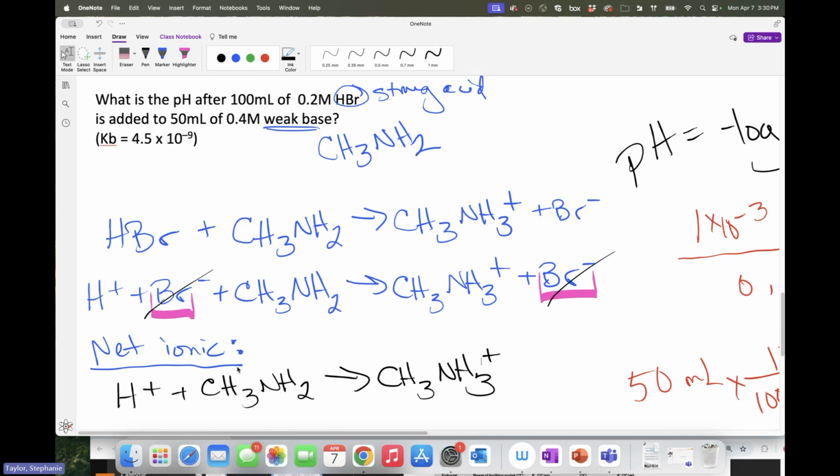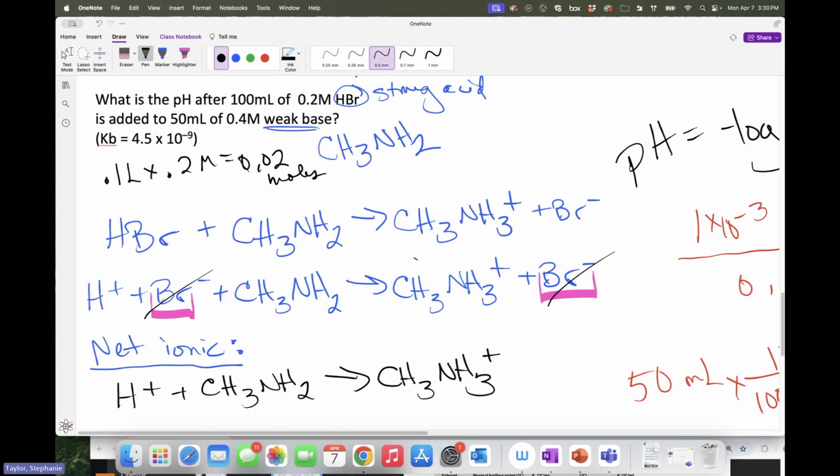Now I'm going to worry about moles because I have a strong species reacting with a weak species. So I'm going to take 100 milliliters and multiply it times the 0.2 molar. So 0.1 liters times 0.2 molar to give me 0.02 moles.